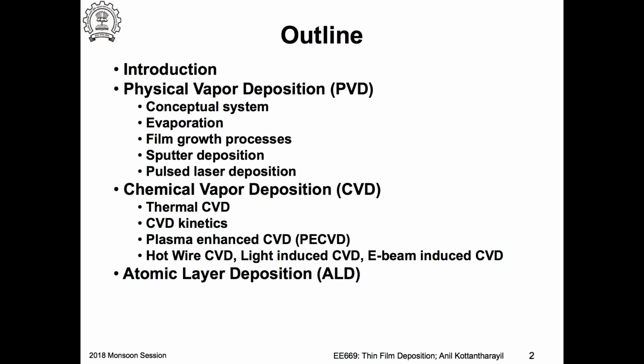Then light induced CVD, where you use optical energy, electron beam energy, and so on and so forth. So of these processes, I think we have everything except the light induced CVD process available in the labs here.